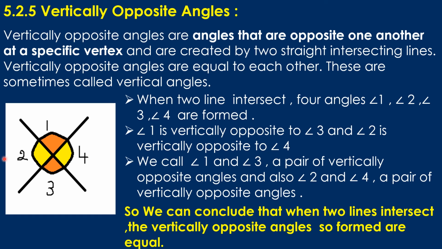So what is the conclusion? We can conclude that when two lines intersect, the vertically opposite angles so formed are equal. That means angle 1 is equal to angle 3 and angle 2 is equal to angle 4. So this is about vertically opposite angles.